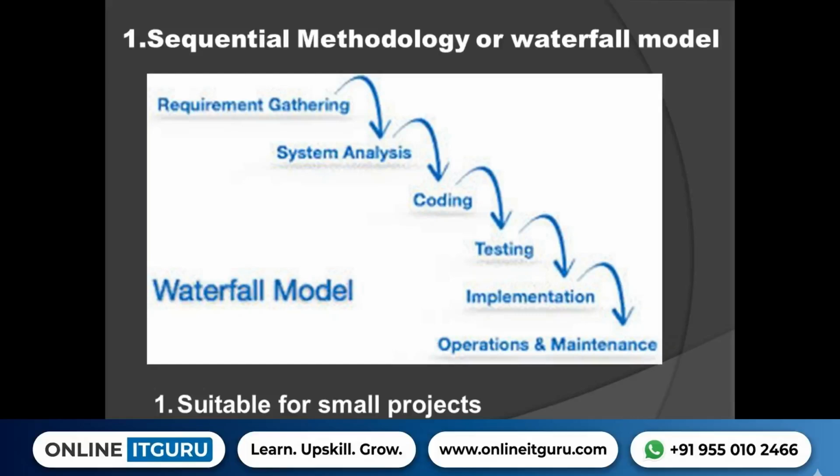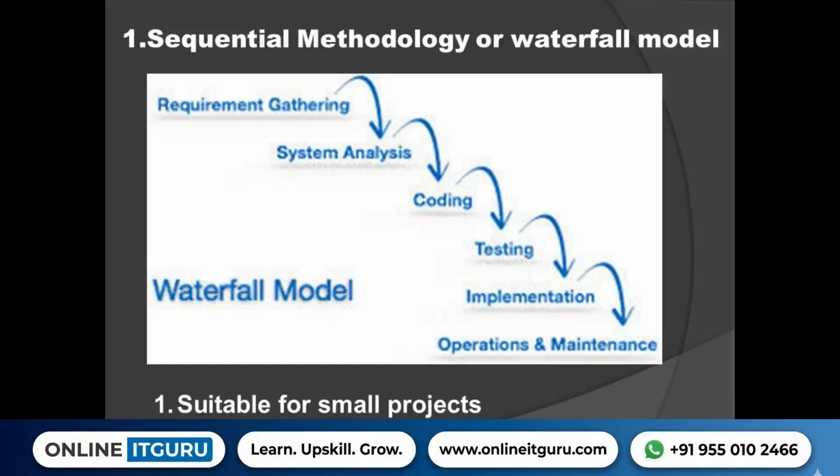Okay, so generally sequential methodology we are going to use for small scale projects and prototype development projects where the requirements are completely fixed and clearly understood. That means for small scale projects where the client will be giving the complete requirements, he will explain each and every requirement, and he will finalize saying that these are the only requirements you are going to have in our project and there won't be any further requirements.